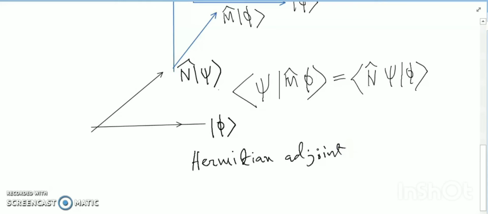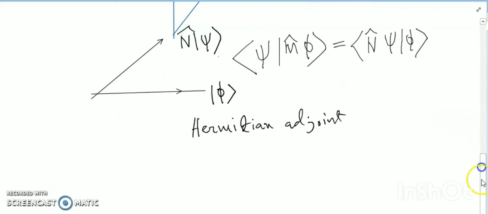We designate the Hermitian adjoint by taking our operator and adding a dagger to it. This is our dagger.